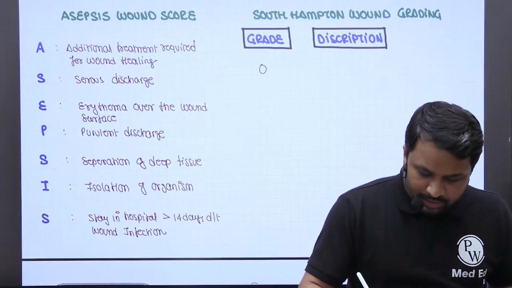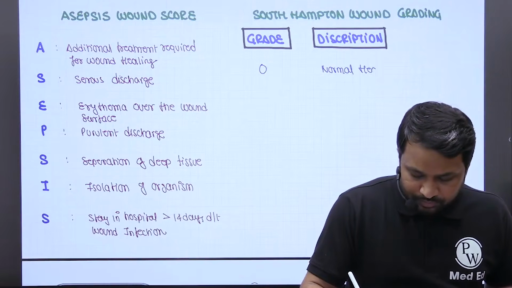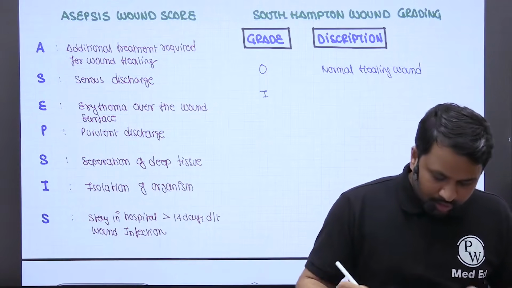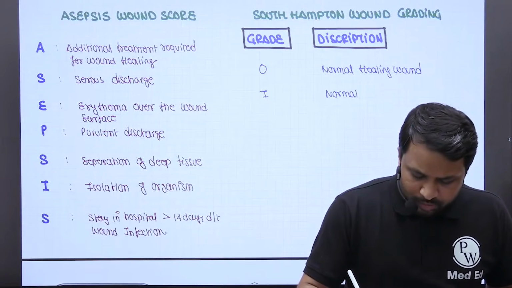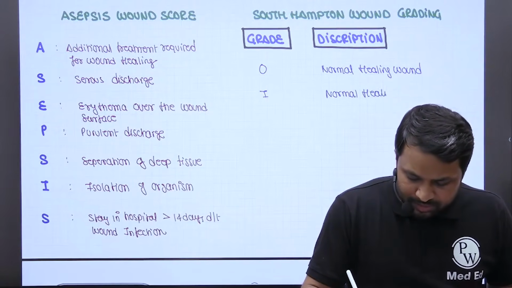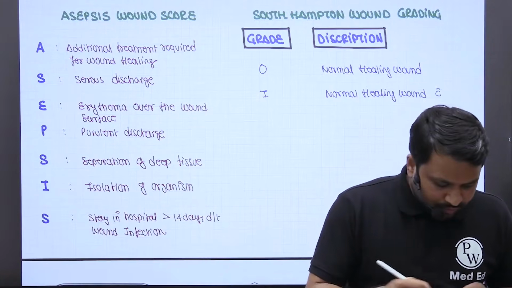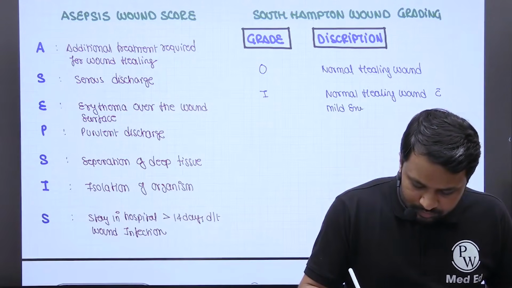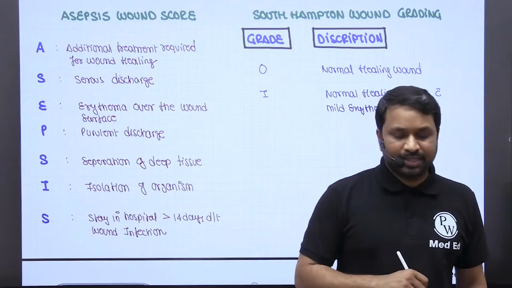Grade 0 is a normal healing wound. Then you have grade 1. Here, there's no problem with the wound healing, but there will be presence of mild erythema. So, a normal healing wound with mild erythema, we'll call it grade 1.